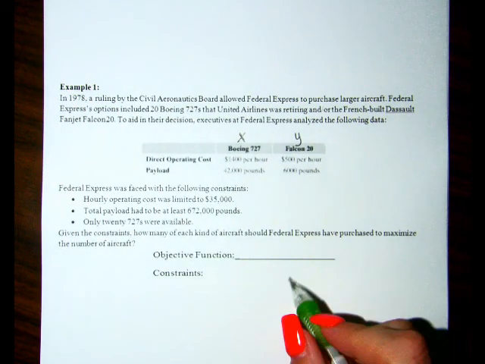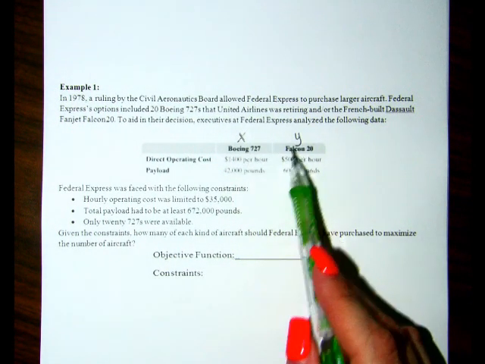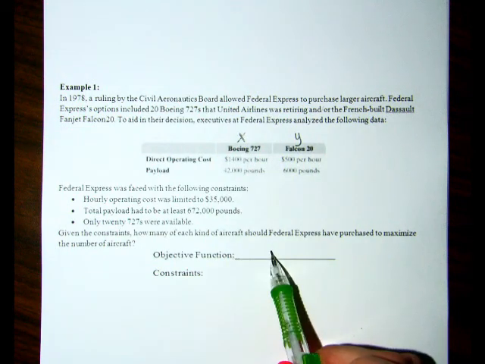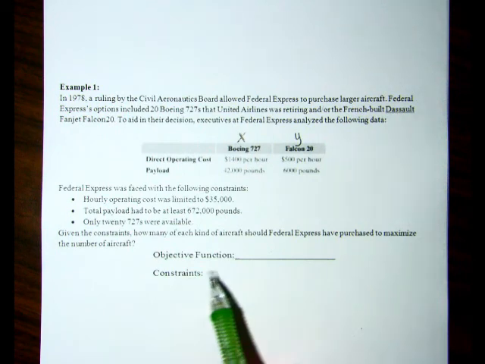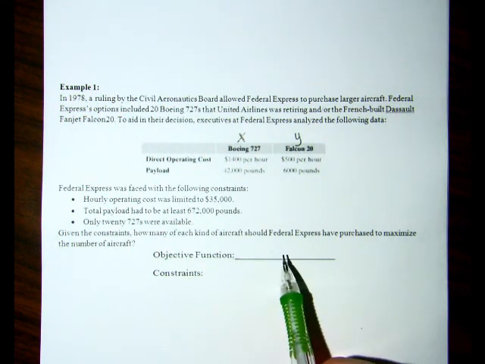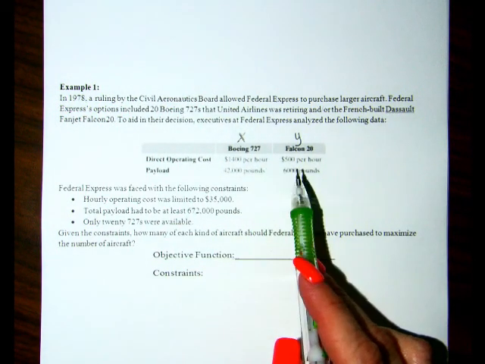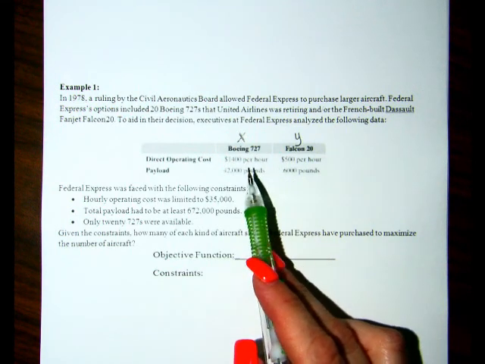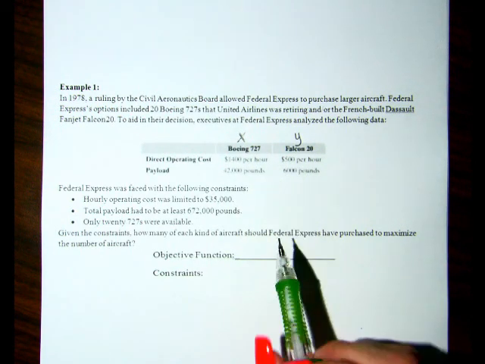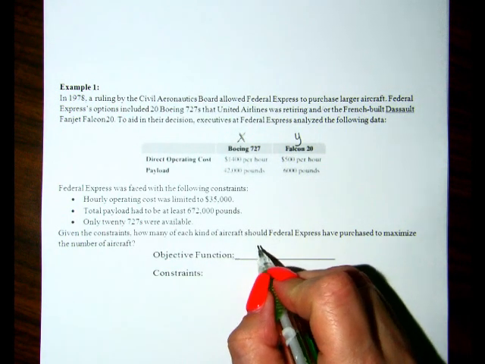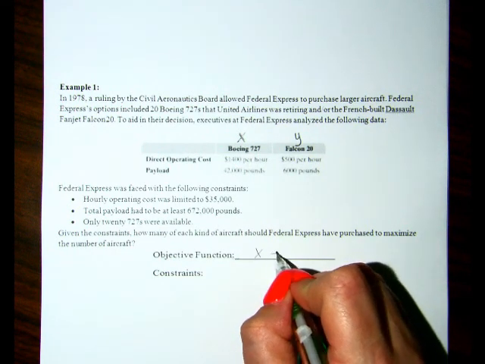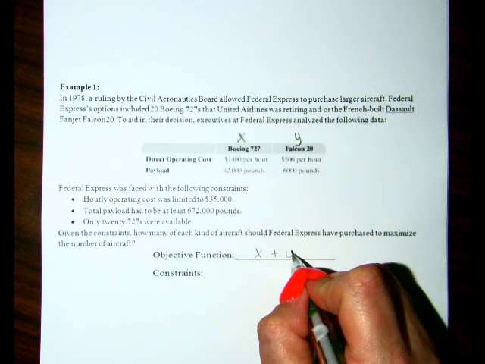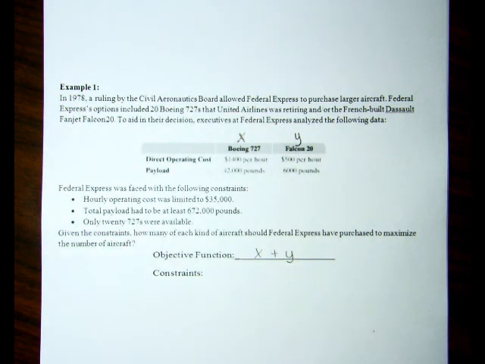Now that I've identified my variables, I can write my objective function. To maximize the number of aircraft, I need a combination of the Boeings and the Falcons, or just Boeings or just Falcons. To write our objective is we want to maximize however many Boeings we buy plus however many Falcon Fanjets we buy.